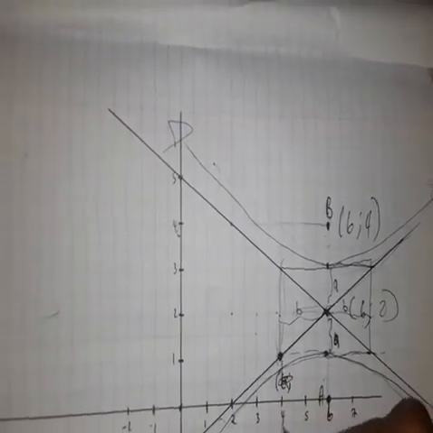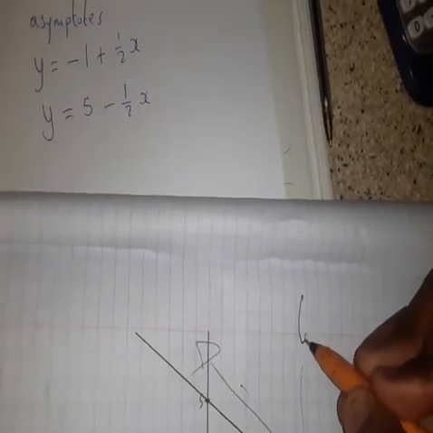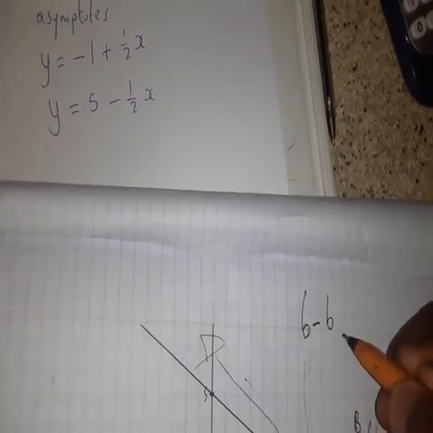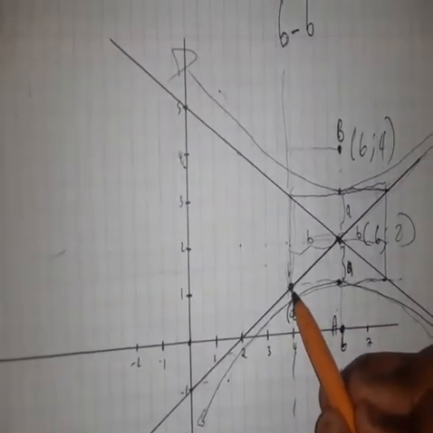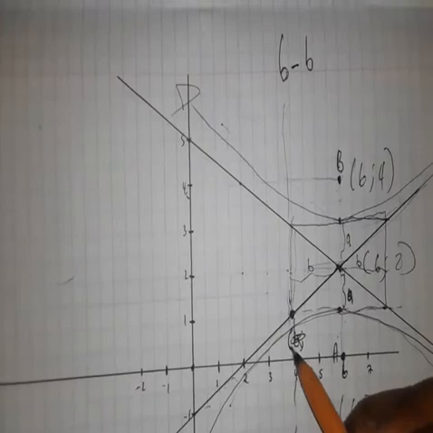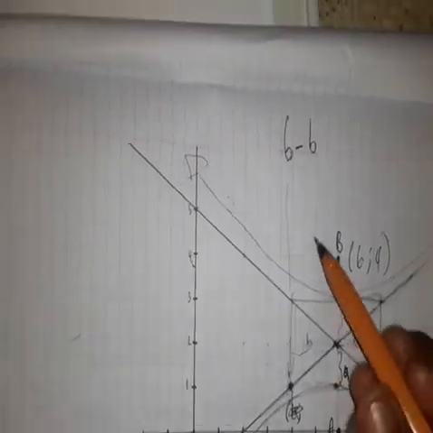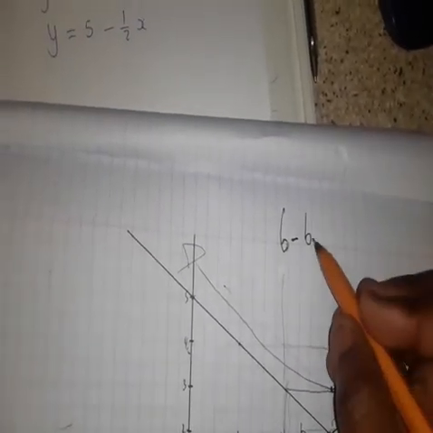Let me write this value upside down. It's 6 minus b, the x value here. It's not 4, don't just scratch this thing. It's 6 minus b, right?